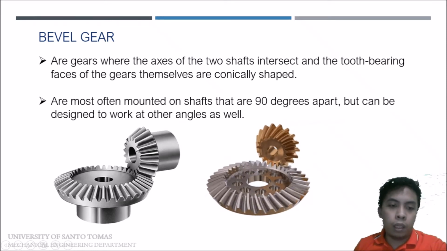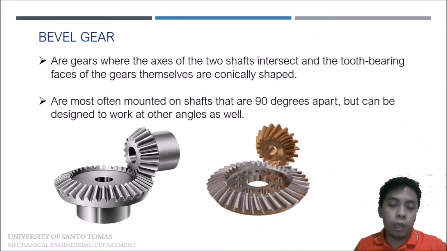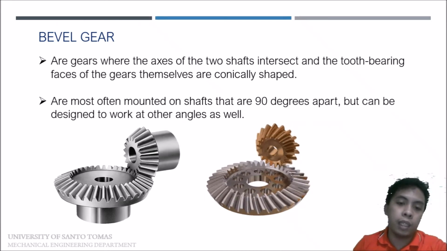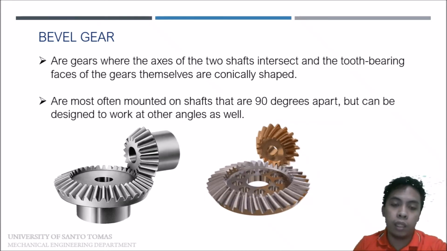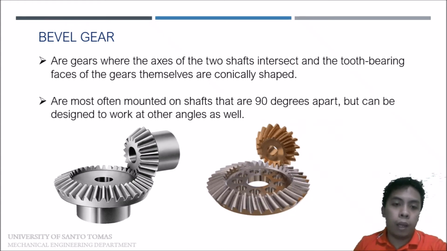Meaning the axes form 90 degrees or other angles other than 180 degrees, because usually for parallel axes, the connection is 180 degrees, and if you want to connect non-parallel axes of shafting, we can use bevel gear.